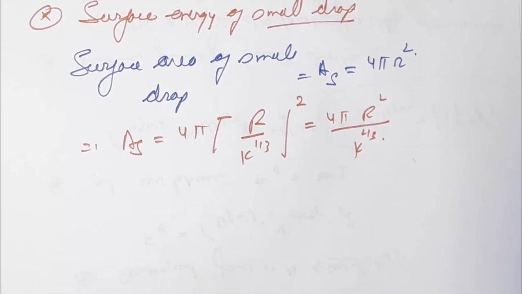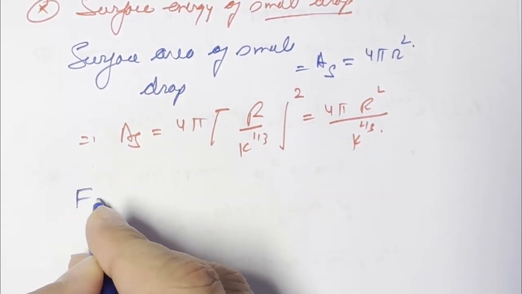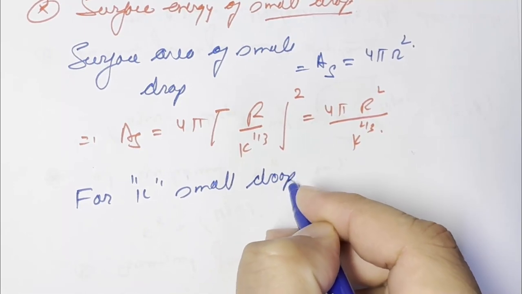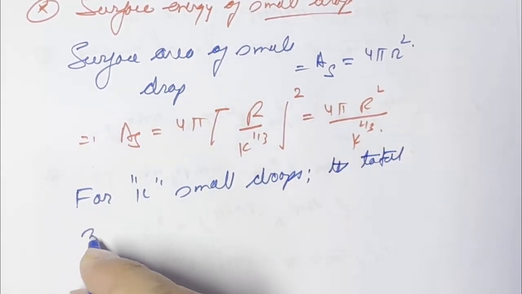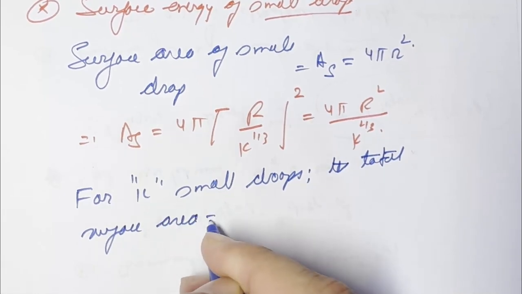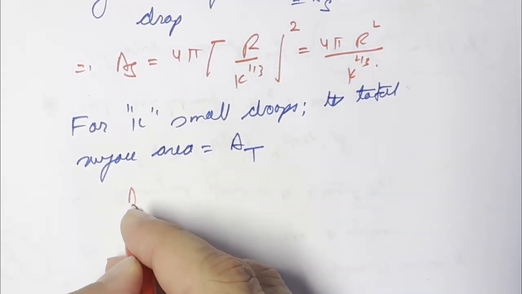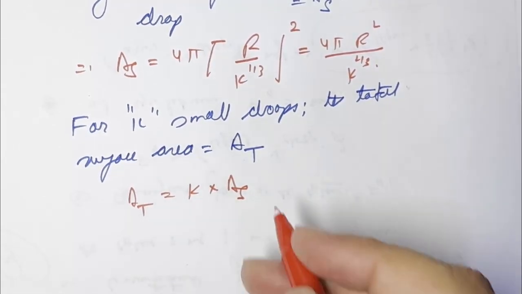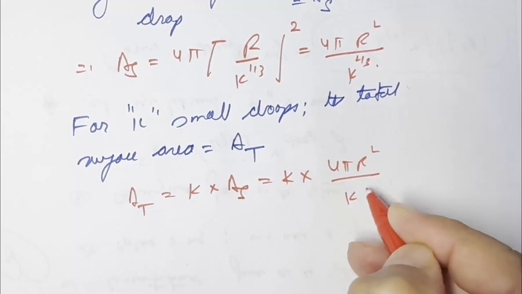We have k smaller drops, so the total surface area of k small drops, let us call this A T, will be equal to k multiplied by the surface area of each drop, which we just found out: 4 pi R square divided by k to the power 2 by 3.